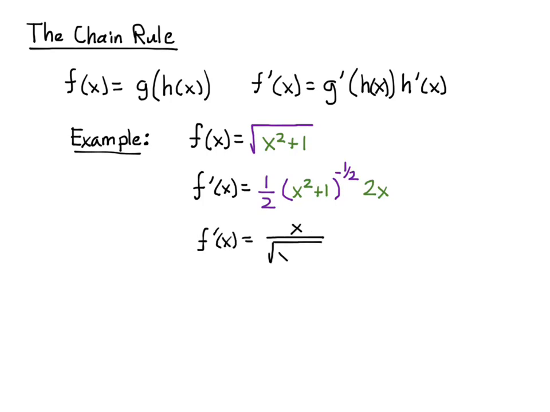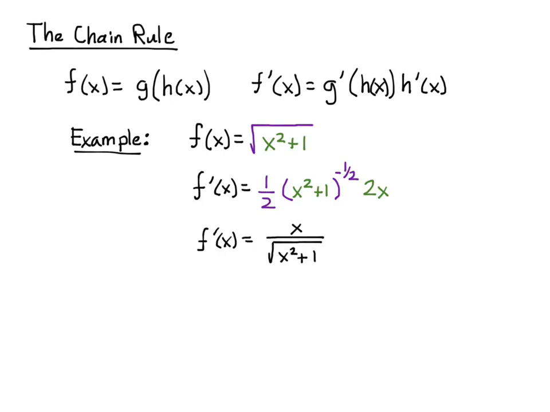Then if I do a little bit of simplification, the twos cancel, and then the x squared plus 1 to the negative 1/2 is just the square root of x squared plus 1 in the denominator, and we have an x left over in the numerator, and so we have its derivative.